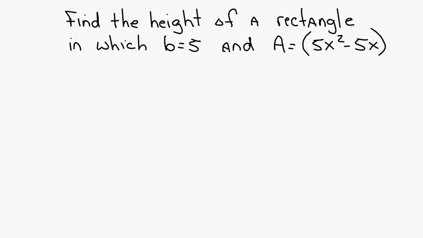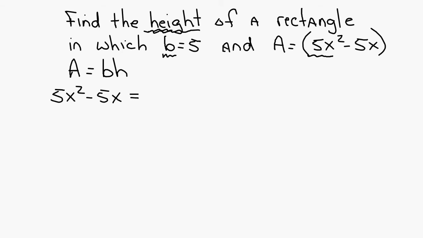So you're going to use the area formula in this case to find the height. And the area of a rectangle is equal to base times height, right? So now substitute your b and substitute your area. So where the big letter A is, you're going to make it 5x squared minus 5x.